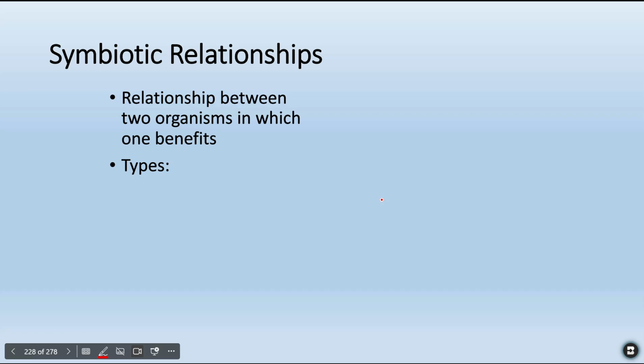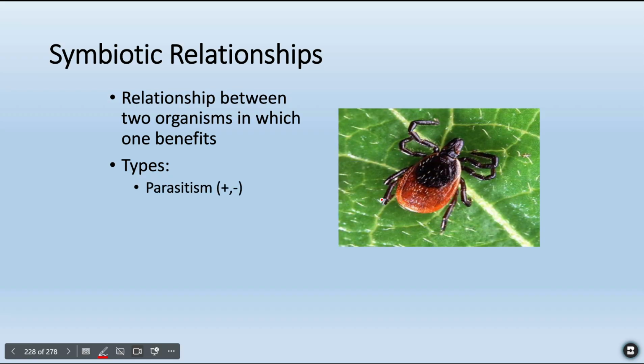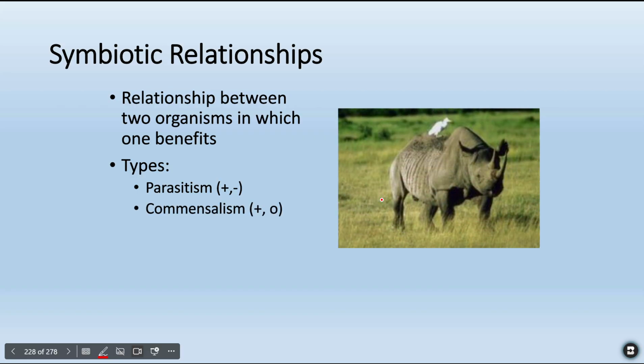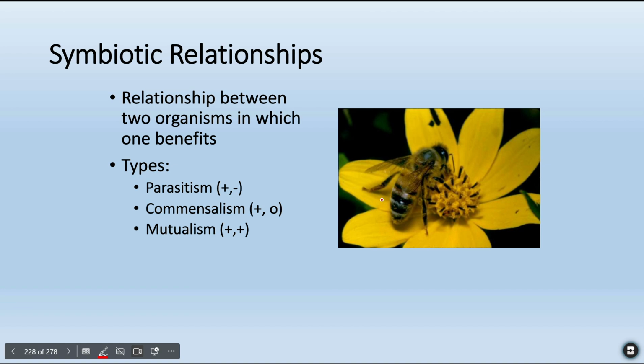All right, now let's talk about the other symbiotic relationships that can exist. So the ones that exist without someone eating somebody. This is what we call parasitism, commensalism, and mutualism.